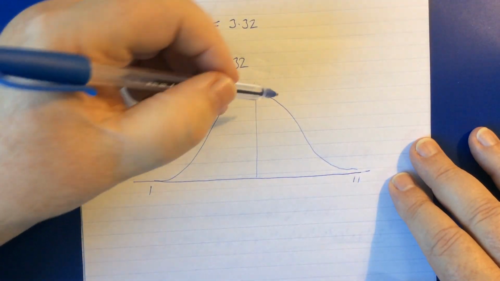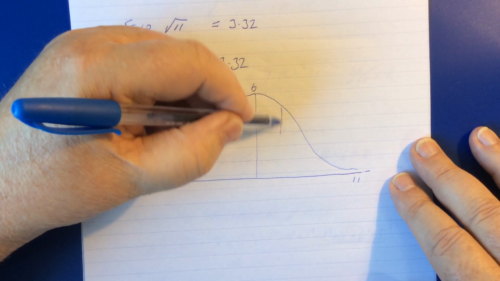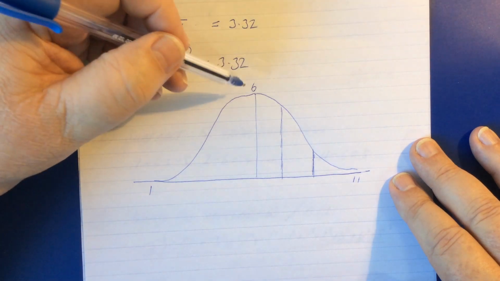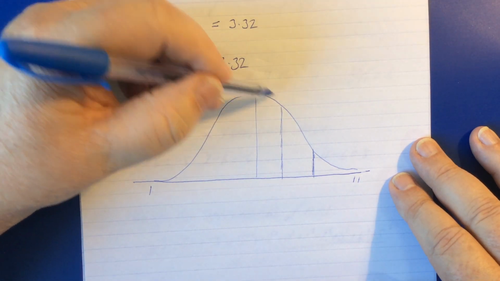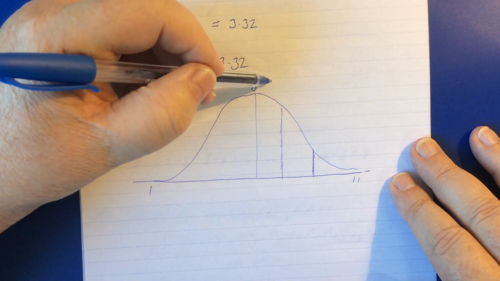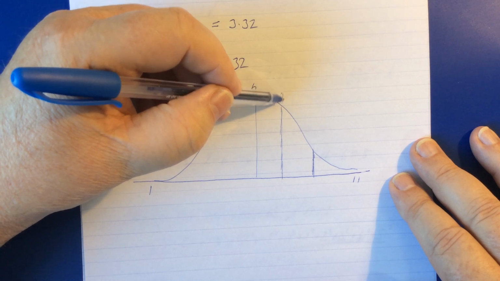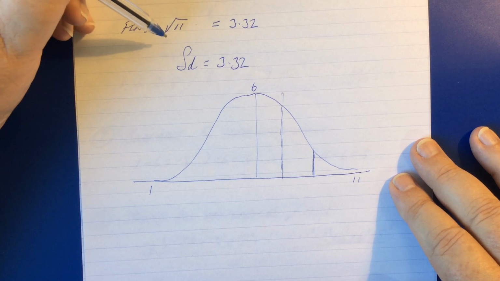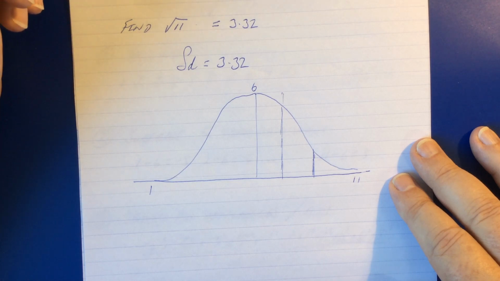Yeah, 1 to 11 with a mean of 6. And our standard deviations are going to be plus or minus 3.32. So this gets us to 9 and so forth and so on. And that's how we construct a standard deviation.